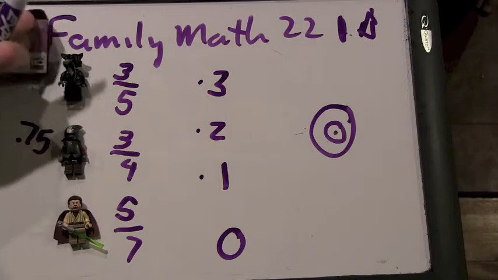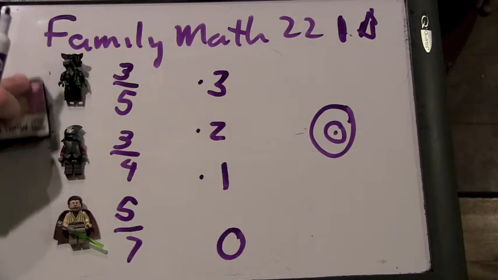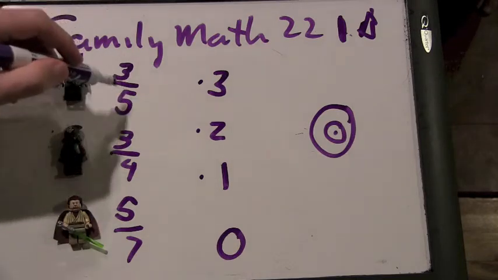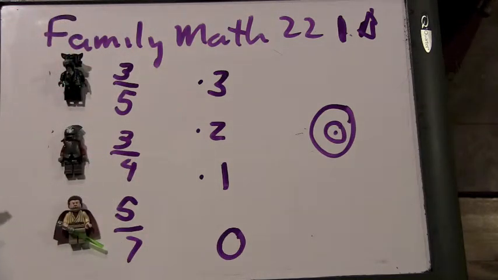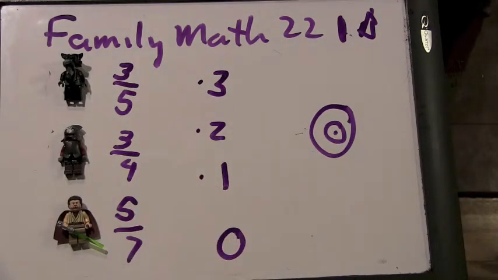What if you multiply them? Well, when you multiply them, what do you get? You would get 3/5 times 3/4 times 5/7. What would that represent? It would represent how many times this guy hit, times how many times that guy hit, times how many times that guy hit.